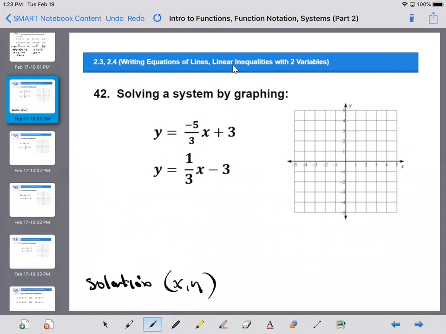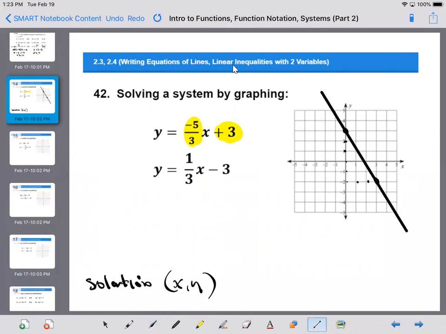So I'm going to start with the y-intercept here, and I'm going to move up to 3 on the y-axis, and I'm just going to apply the slope. I'm going to drop down 5 and go to the right 3. And then I'm going to connect those.